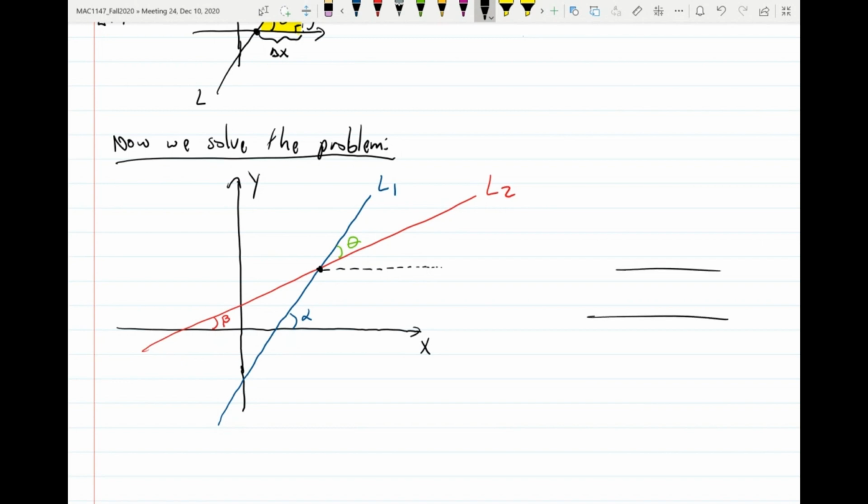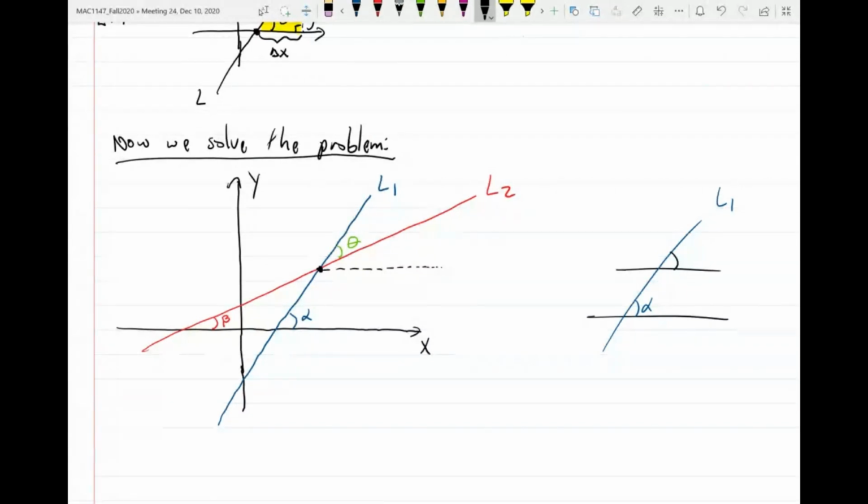So we have this picture, and then here we have the line L1, okay? Down here is alpha. Let's look at L1. We have that this angle here is alpha. Can anybody tell me what is this angle?